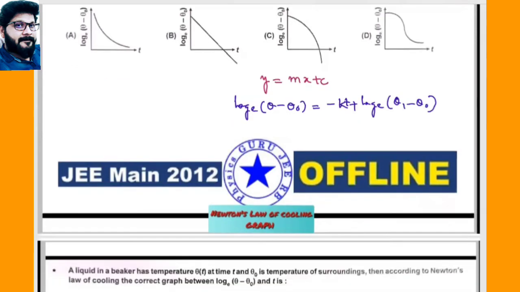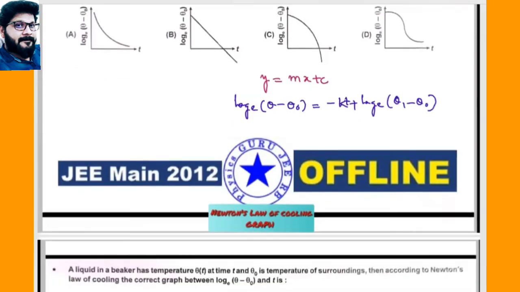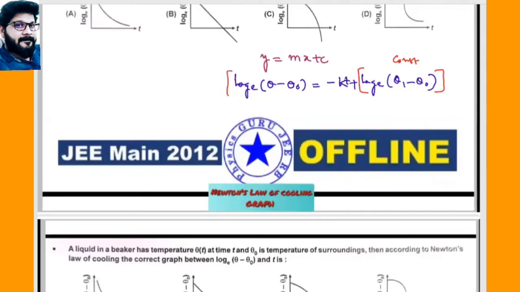Here this last term is nothing but a constant. Comparing with the equation above, this term is y, this is the constant, and this part gives a negative slope, which is the equation of a straight line.